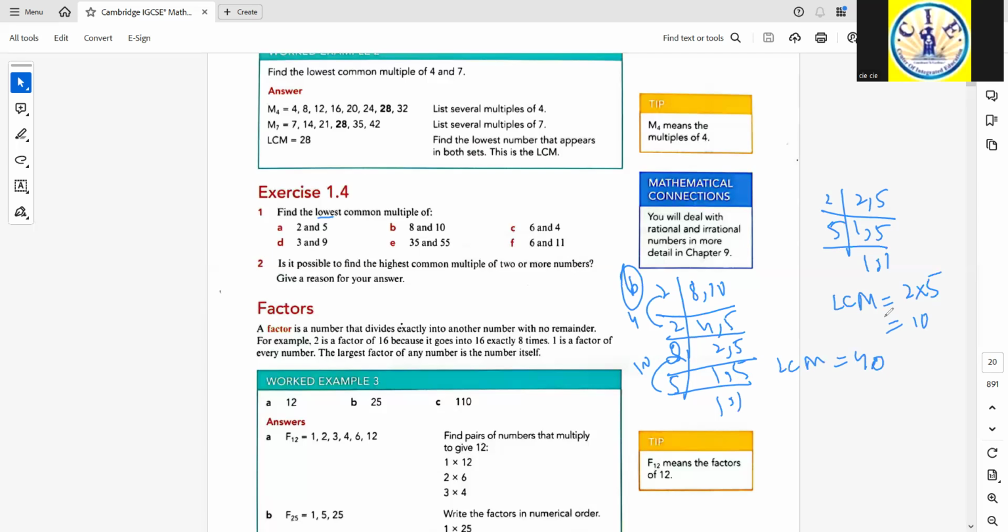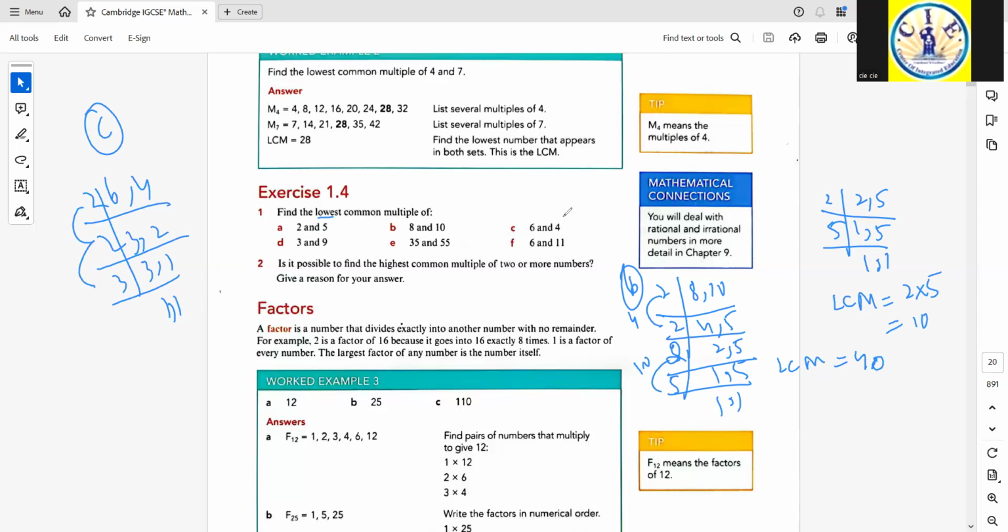Okay, have you got it? Then part C, 6 and 4. 2 threes are 6, 2 twos are 4. 3 is 1 times 3. So 3 twos are 6, 6 twos are 12.